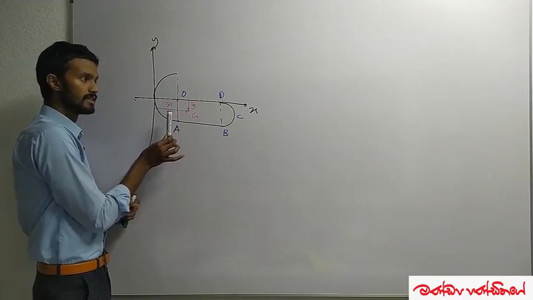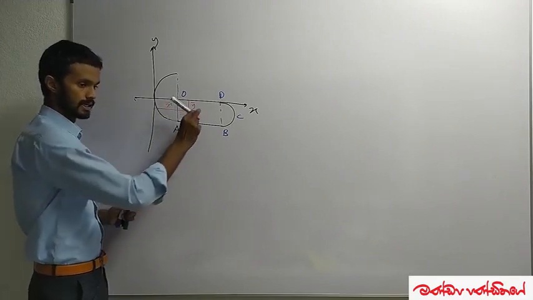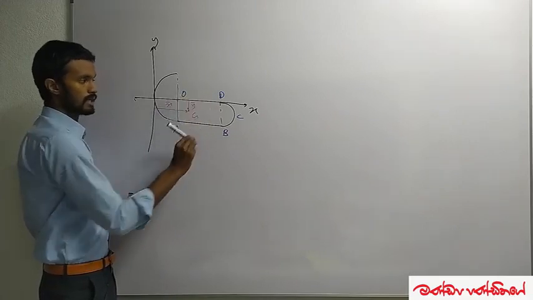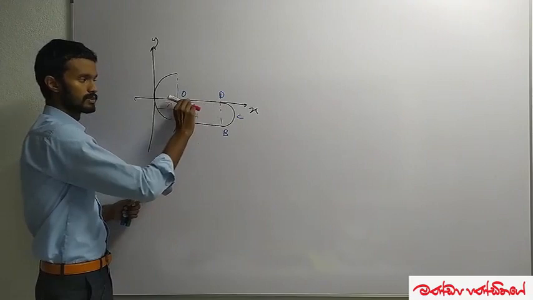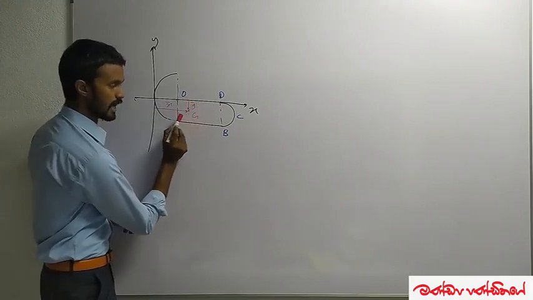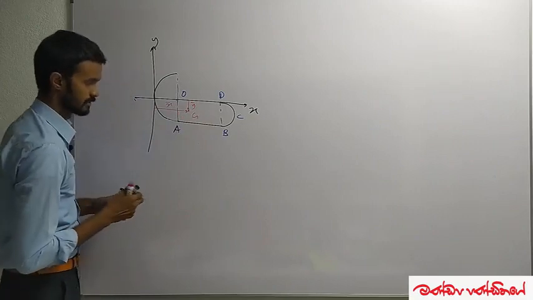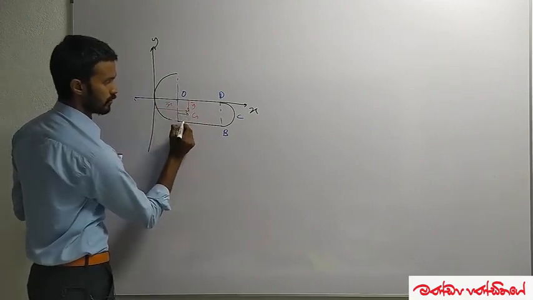So we have to find the distance to the center of gravity from OA, and they are asking the distance from OD, the distance from a straight line going through OD. So this is correct, distance from OD, and we have to find this distance, not this one. We have to find the distance from AO.